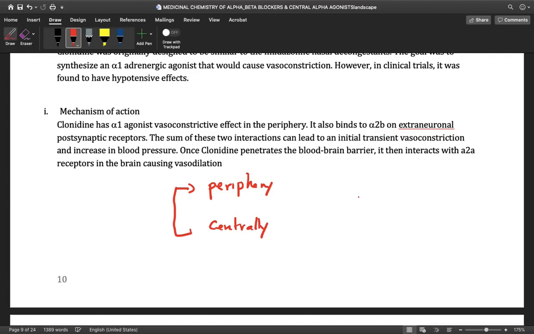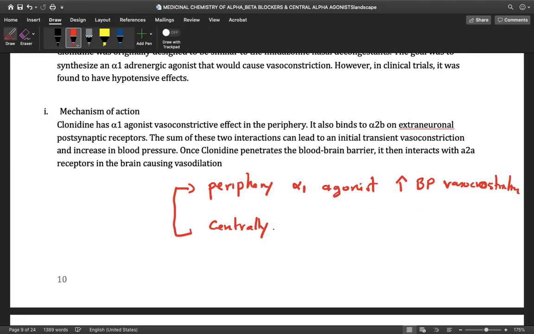Okay. All right. So in the periphery, it binds to the alpha-1 receptor as an agonist. And there it increases blood pressure through vasoconstriction. Okay.